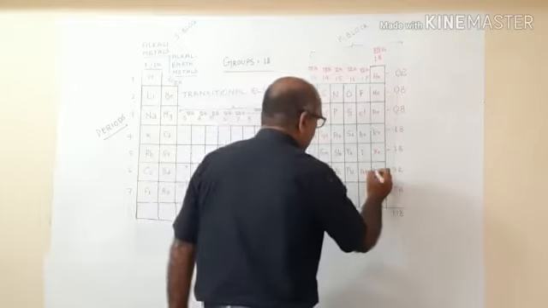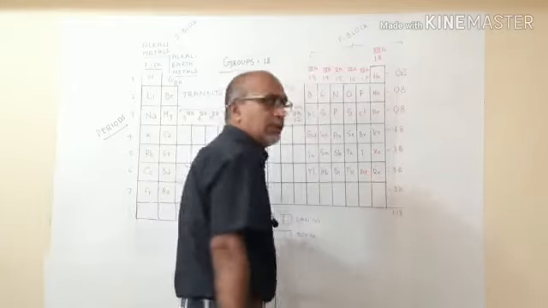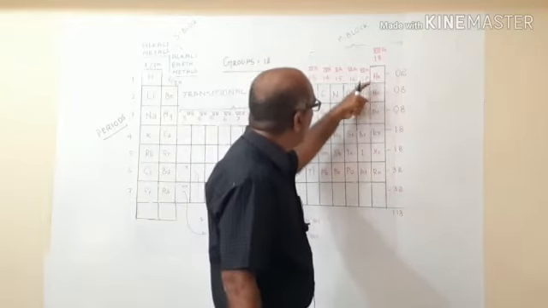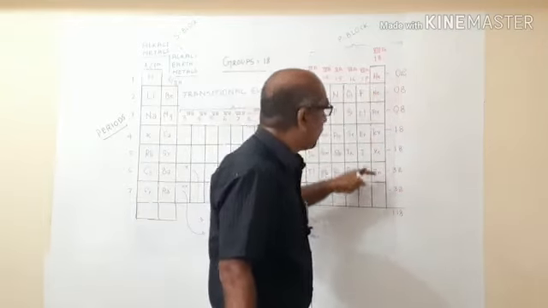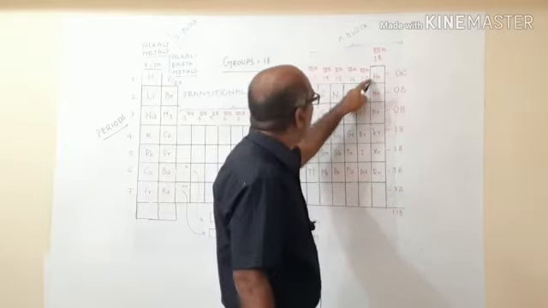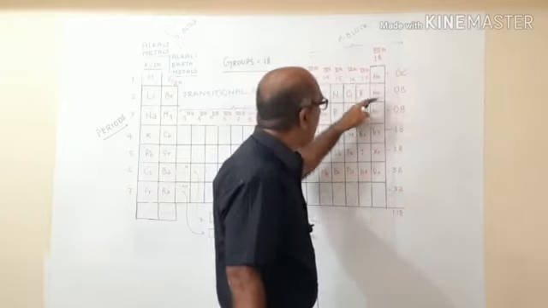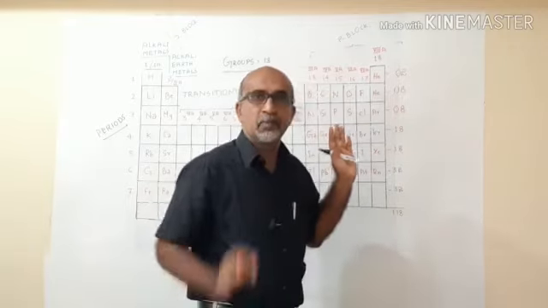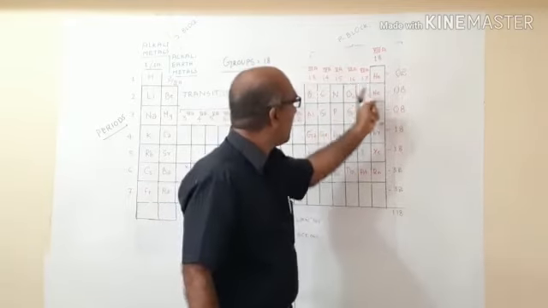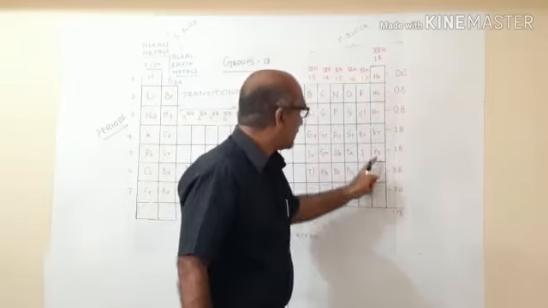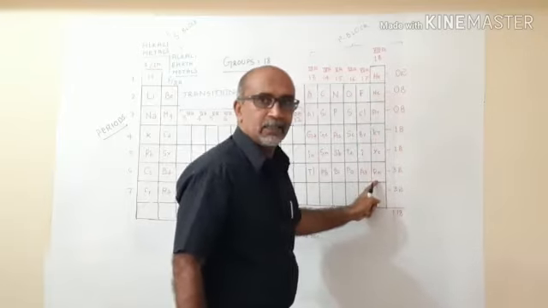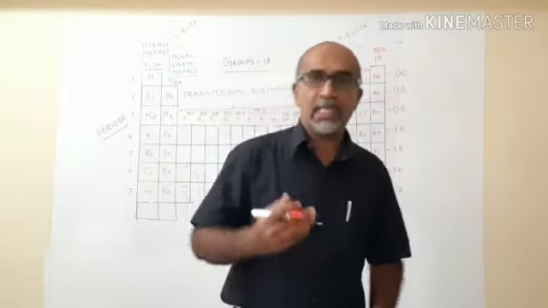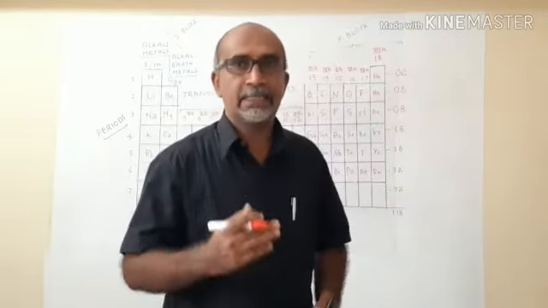Then we will consider Rn, radon. So helium, neon, argon, krypton, xenon and radon. So here: Hina, Neha aur Karina jeete rahe. Very simple. This is how we can remember all the elements of the periodic table very easily.